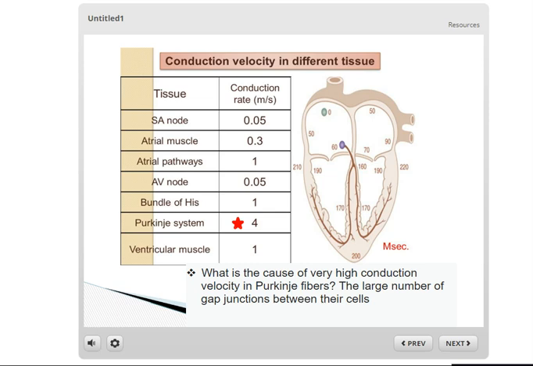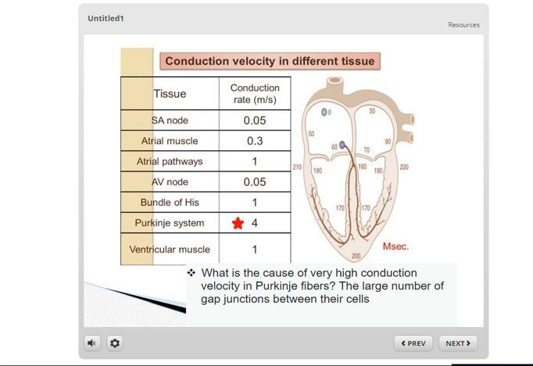And in the bundle of His or bundle branches, conduction velocity is about 1 to 2 meter per second, and they transmit impulses from the AV node to the Purkinje fiber and down the interventricular septum.